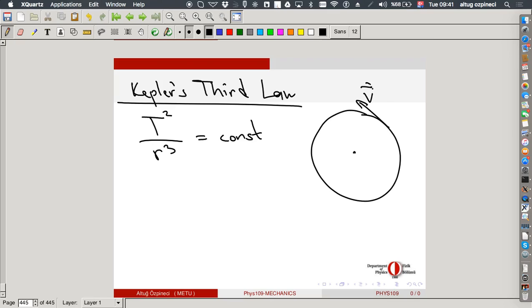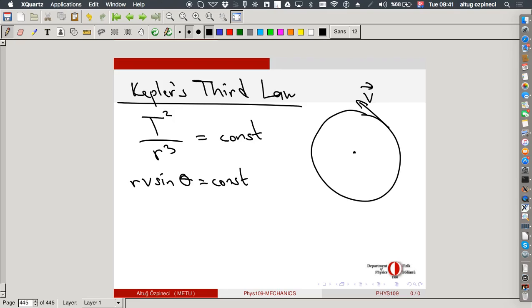It has a speed v. Remember, r times v times sine theta is constant. For a circular orbit, theta is pi over 2. R is constant, theta is constant. So Kepler's second law tells me that v should also be constant.